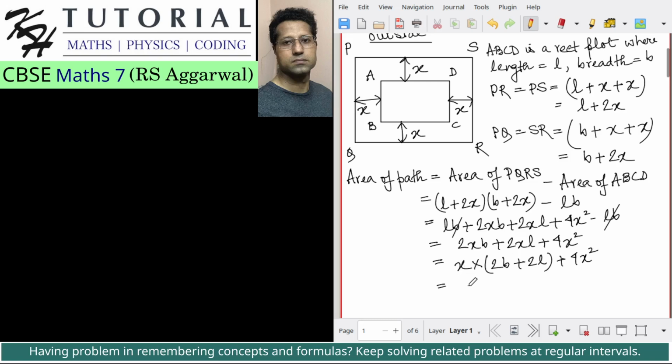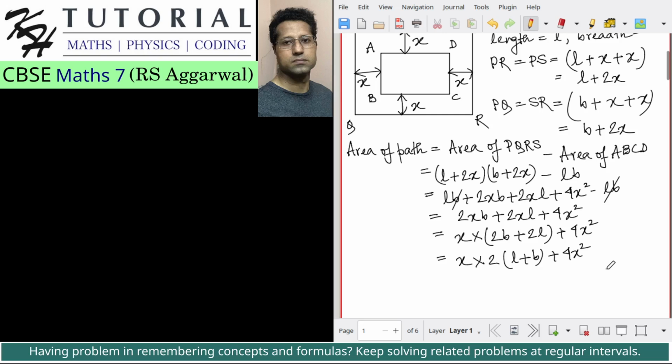So this is equal to, I can also take 2 common out, x multiplied by 2 into length plus breadth, plus 4x square. Now what is 2 into length plus breadth, L plus B? It is the perimeter of the rectangular plot. So this becomes x multiplied by perimeter of plot, and we have plus 4x square.